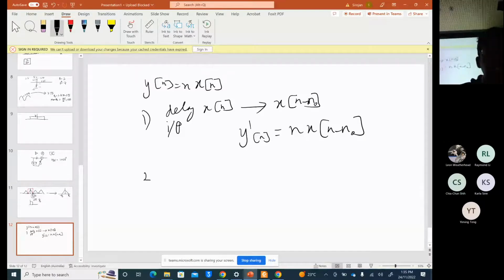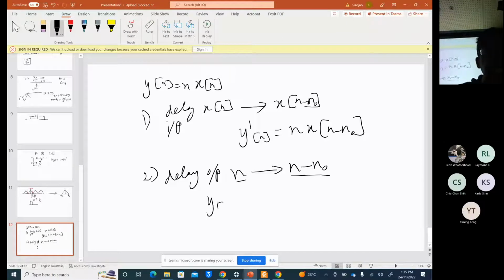Then the second thing you have to do is delay the output. Delaying the output means wherever you find n, replace it with n minus n naught. So that becomes y[n minus n naught], equal to n minus n naught into x[n minus n naught].